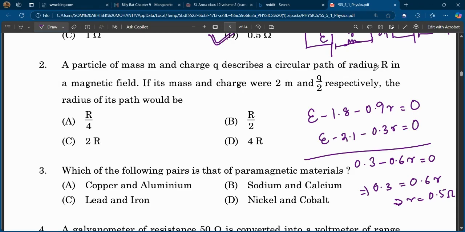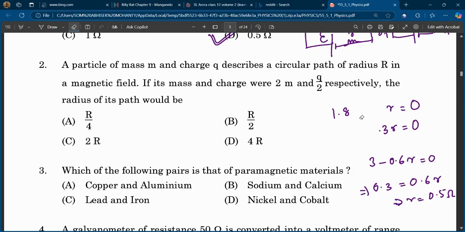If its mass and charge were 2m and q by 2 respectively, the radius of its path would be? Please try this one. We first try, then only I'll solve.